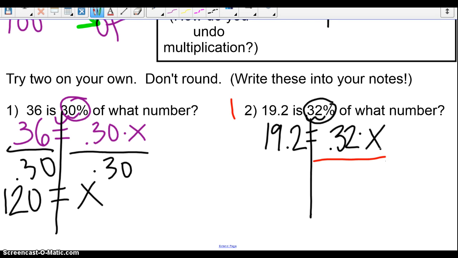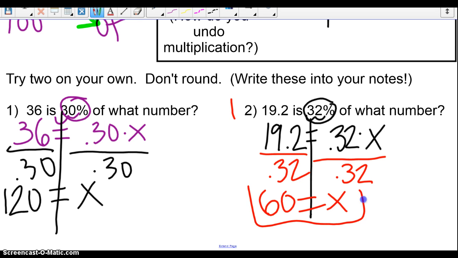To undo times 32 hundredths, I divide by 32 hundredths. And what did you get when you did that? X equals 60. So 19.2 divided by 60, does that give you 32%? Yes, it does. So now your job, you're going to get back together with your people and you're going to teach them how to do this.